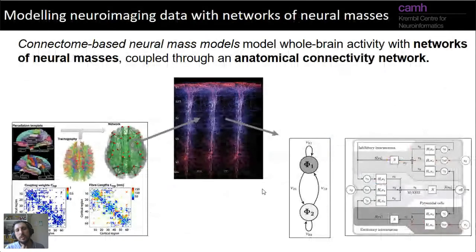So the paradigm of whole brain modeling uses the network that we're studying, the anatomical connectome, and the phrase we often use to describe these types of models is a connectome-based neural mass model.